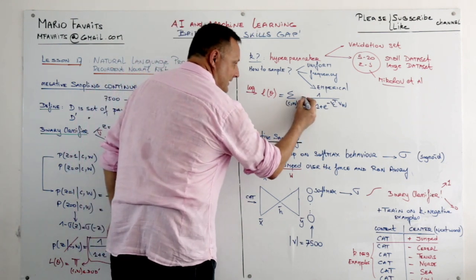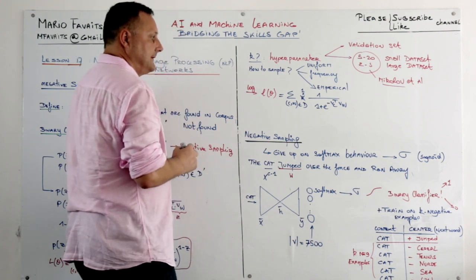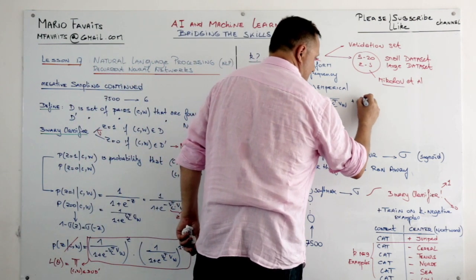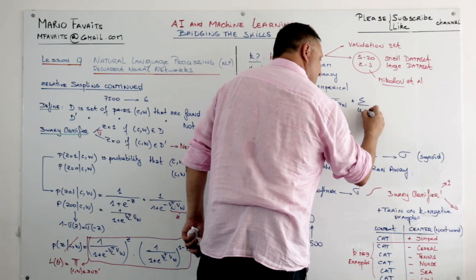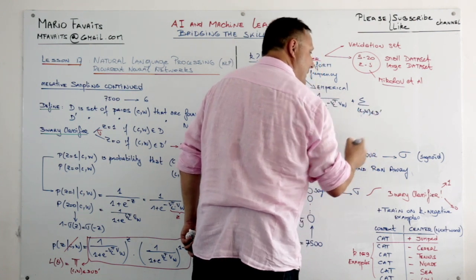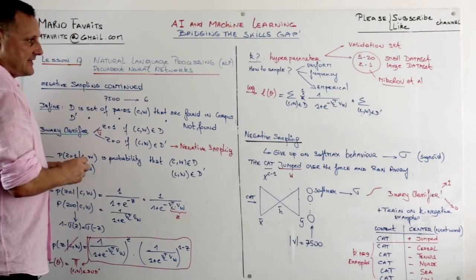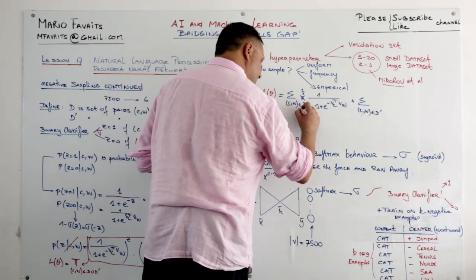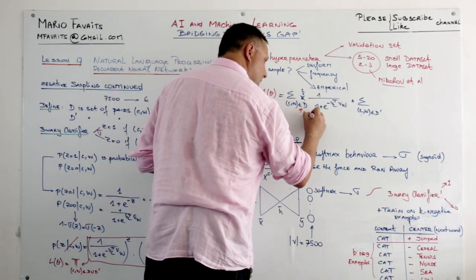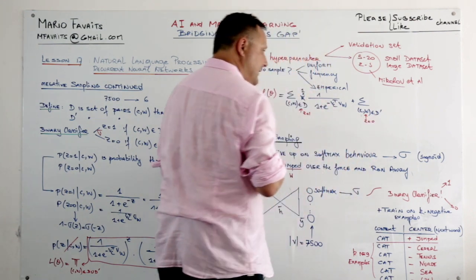Plus the sum over the pairs c, w that belong to D prime, and in this case z is 0.